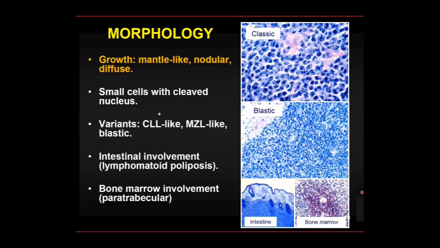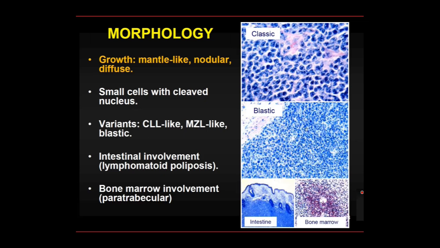We have already, however, some cases with marginal zone-like morphology, meaning that cells are a little bit bigger with a little more cytoplasm, so the differential would include marginal zone lymphomas. When they are not cleaved, the cleavage not so evident, they are more rounded, they are more similar to CLL.